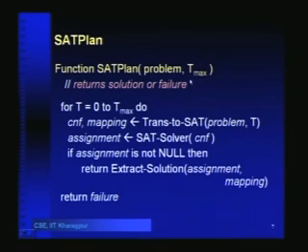Now, the question is, what value of T max should we use? How should we decide the value of T max? What could be the maximum that T max can take?